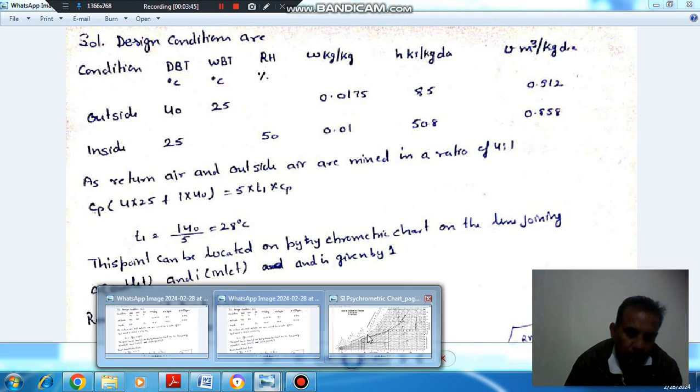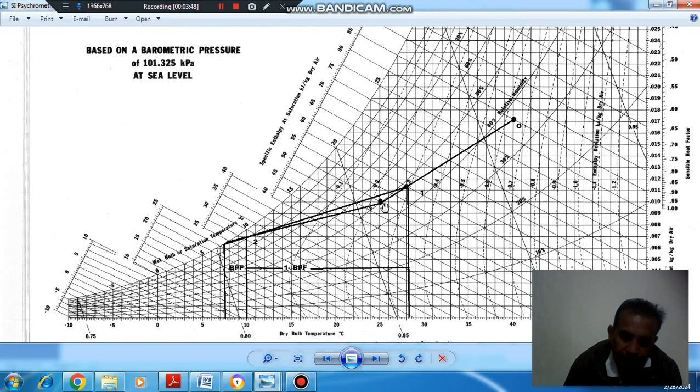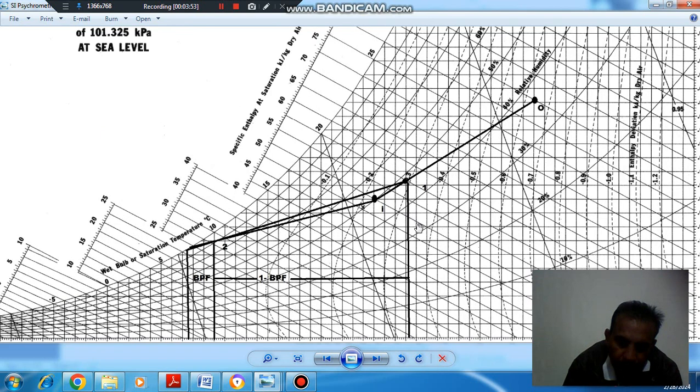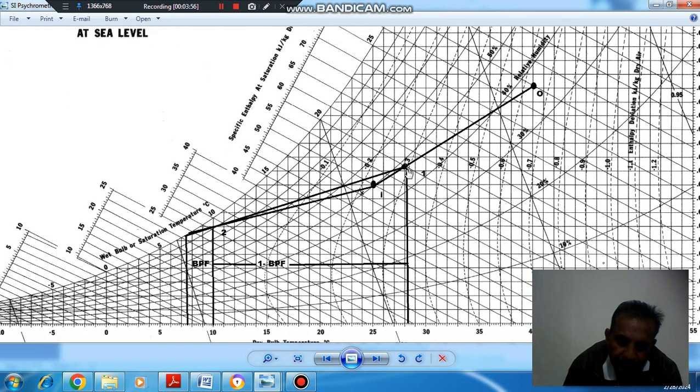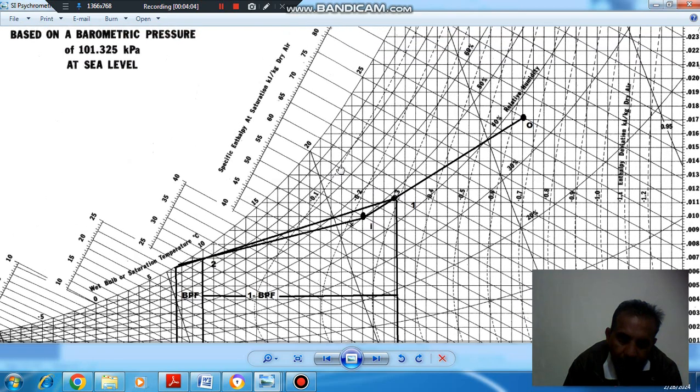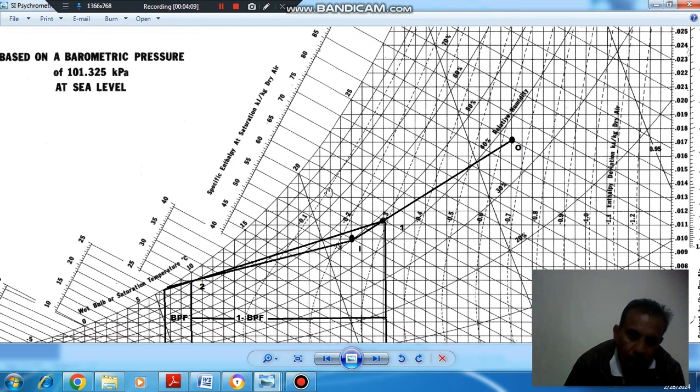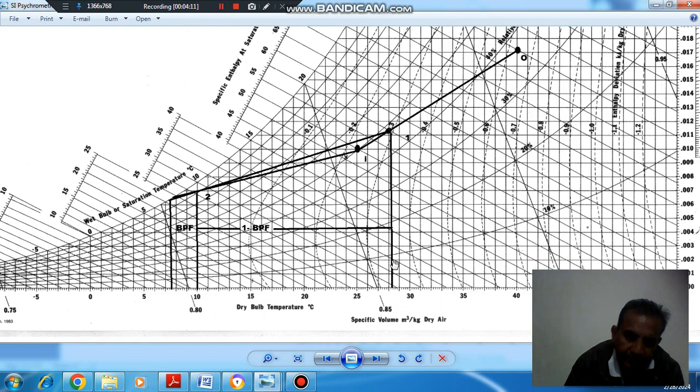Now if we join these 2 points, inside and outside, and mark approximately 28 degrees Celsius, then we get this point 1, the condition after mixing.